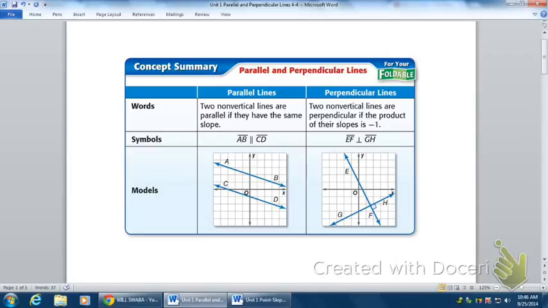There has to be a right angle there. If the product of their slopes is -1, that means the line of slope 1 times the line of slope 2, okay, should equal -1.